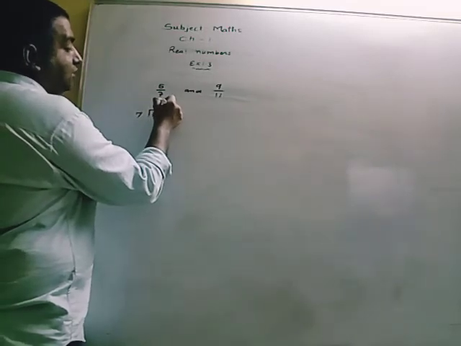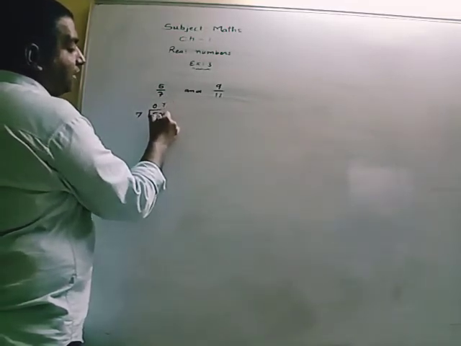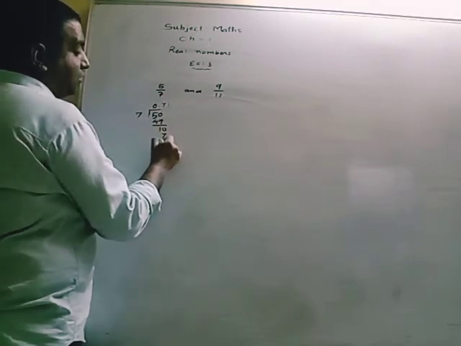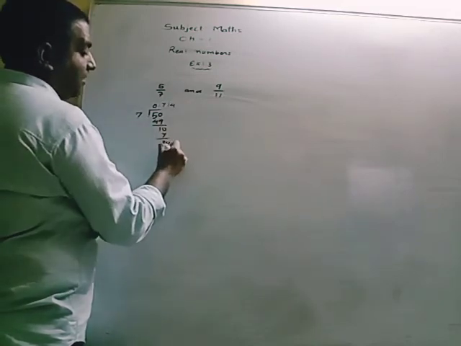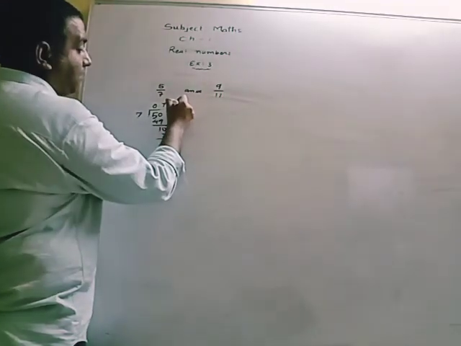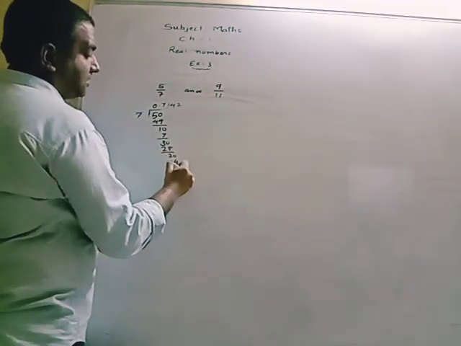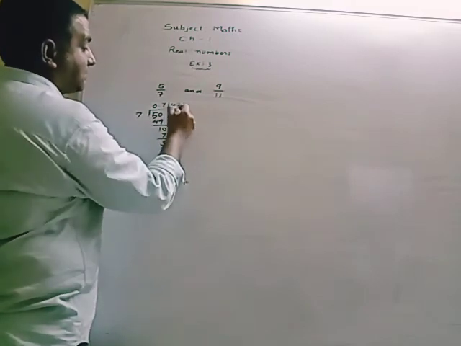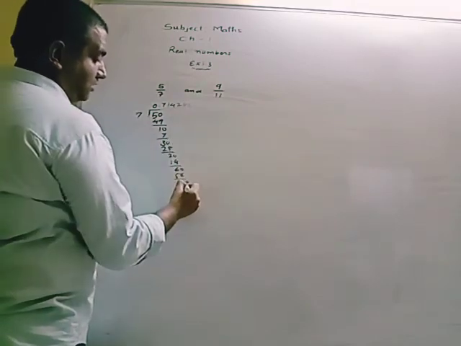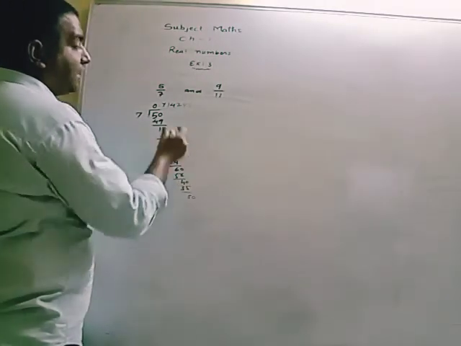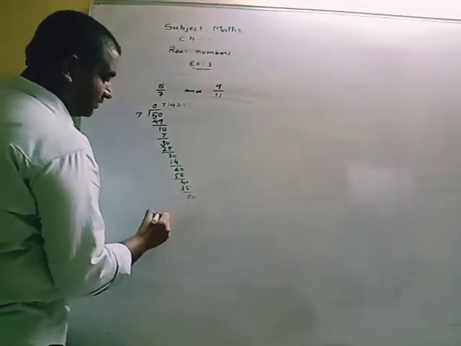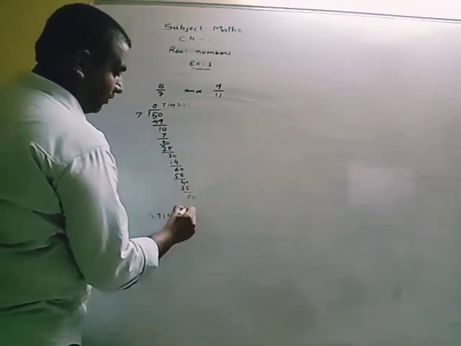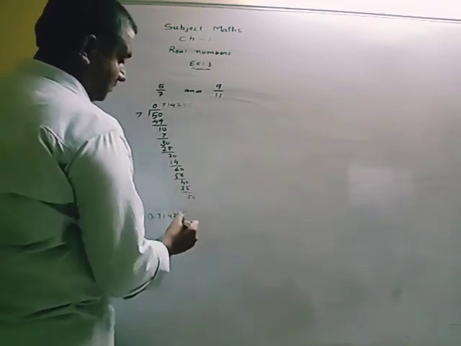Then 7 zeros are 0, 7 sevens are 49, 1 0, 7 ones are 7, 3 0, 7 fours are 28, 2 0, 7 twos are 14, 6 0, 7 8s are 56, 4 0, 7 5s are 35, 50. So we get 0.714285 goes on.